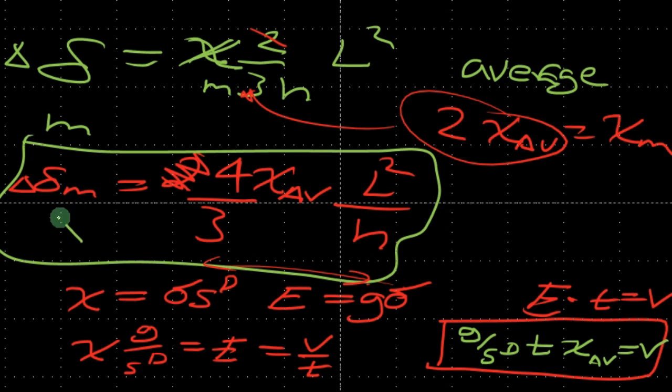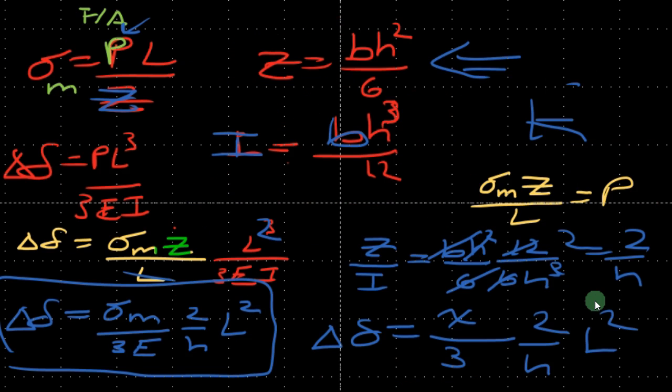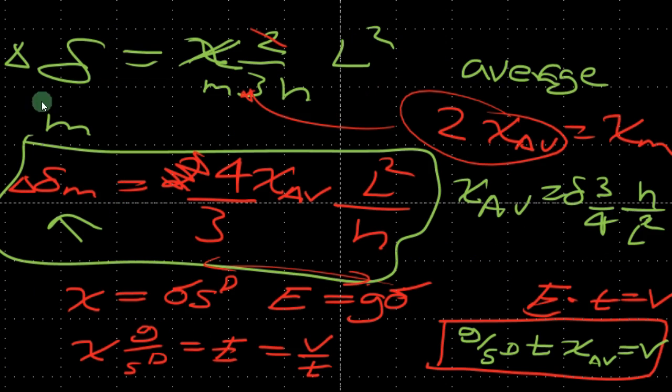In this case, I solved for that, but if we rearrange the equation in terms of x average, we would have the displacement times 3 over 4 h over L squared. This would be the average. Maybe I did something wrong. I would double check these equations, but I think the approach seems right.